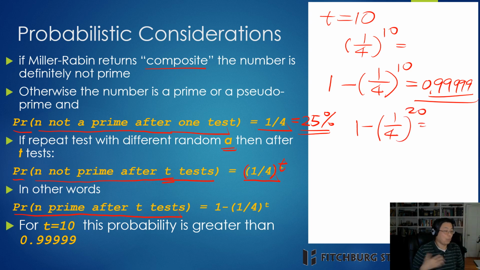Now this one is almost 0. So the probability that n is a prime after 20 tests is very, very close to 100%.